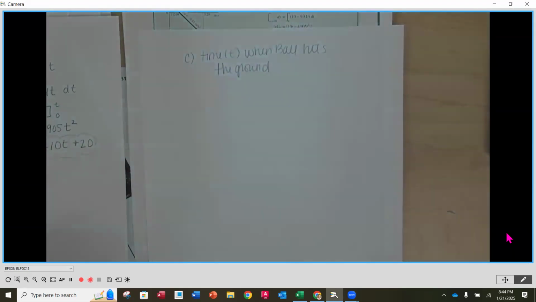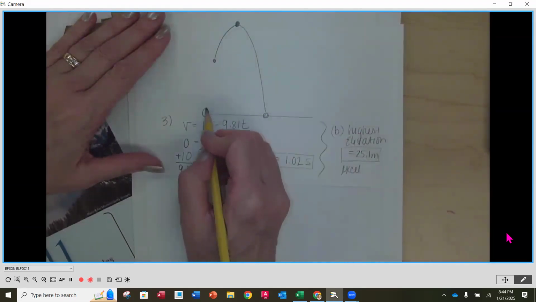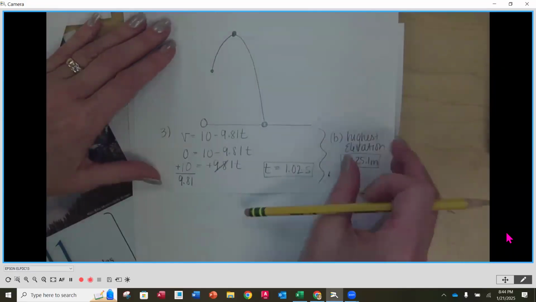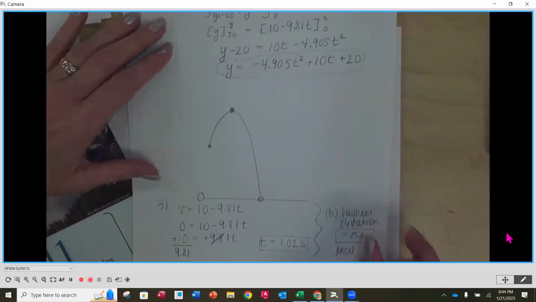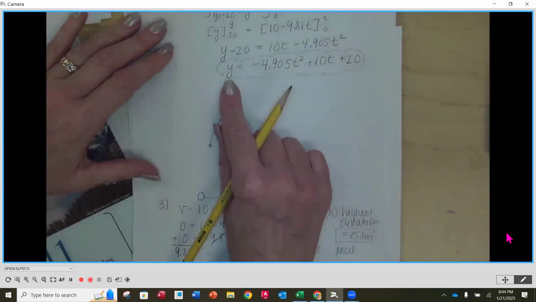Okay, so when the ball hits the ground, it's going to be down here at 0, right? So to find that time, we go back up here. We know that y is going to be equal to 0.